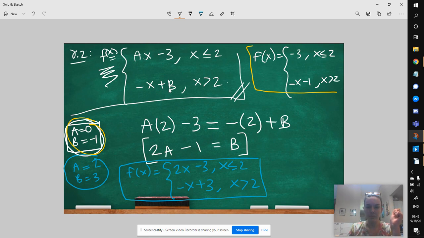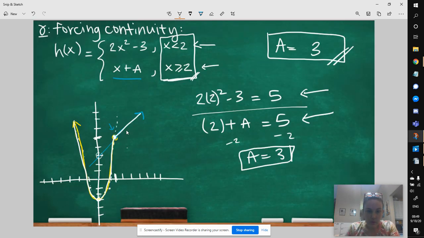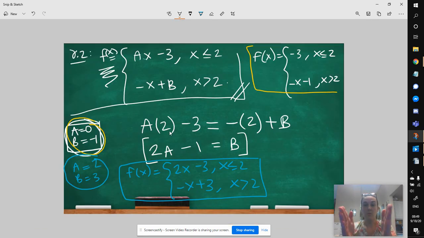So we say, okay, in the last one, we wanted these 2 points to be equal where they intersected at the switchover point. So for this one, the switchover point is still 2. I'm going to plug in 2 to my first subfunction and then set it equal to plugging in 2 for my second subfunction.